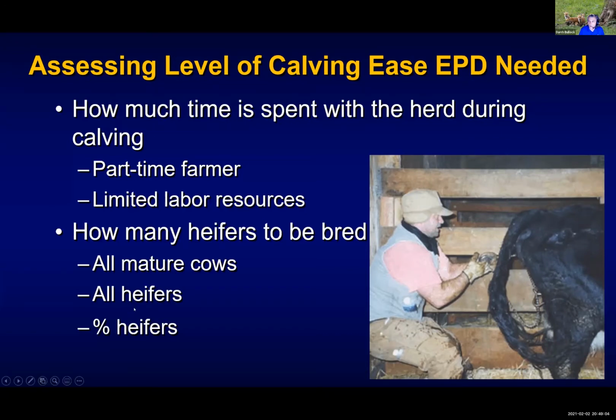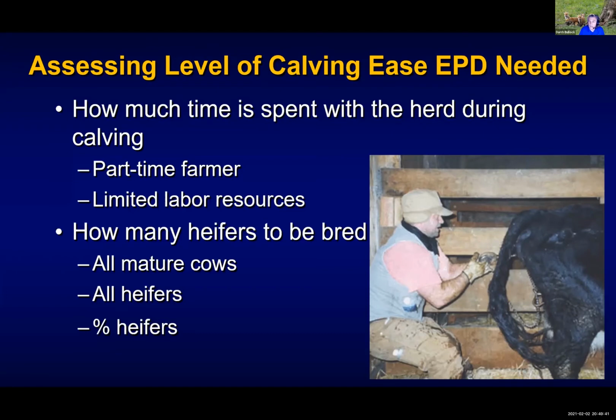Even if you're breeding to all heifers, I think that in most cases, and particularly in the British breeds, we don't have to shoot for the moon. We don't have to get the absolute highest calving ease direct bull to breed to those heifers. We need to find a level that we're comfortable with. My argument is always, I want as little calving ease direct as I can get, but still not have to pull any calves due to that situation that Dr. Anderson is talking about, where the calf is too big for the opening it's trying to come through.